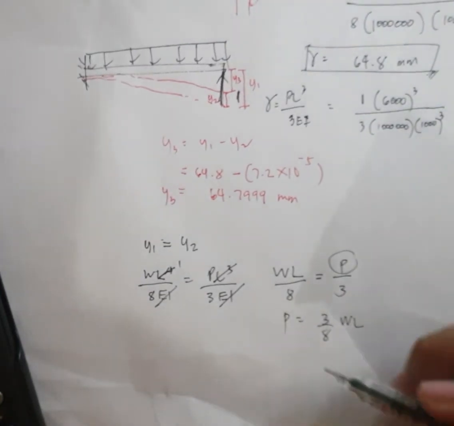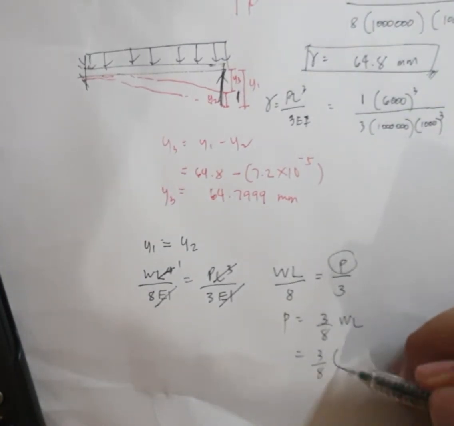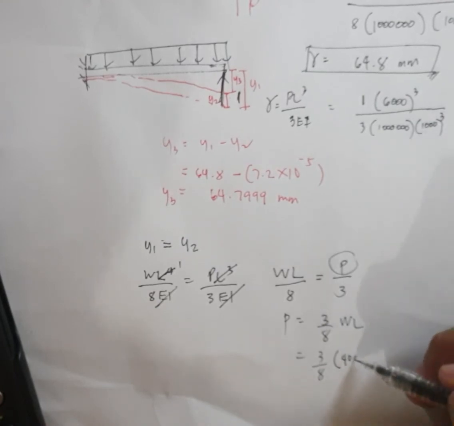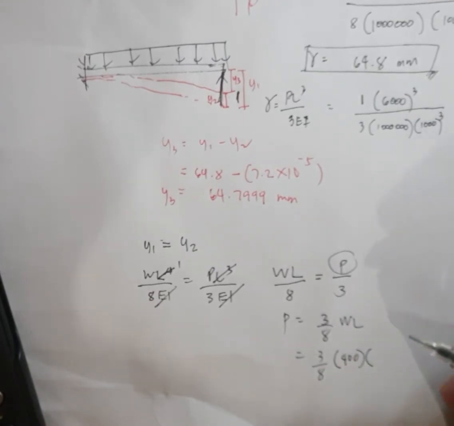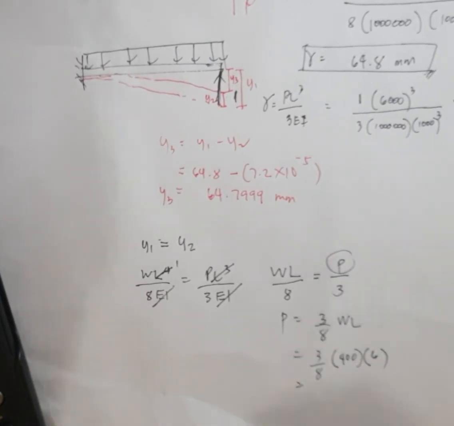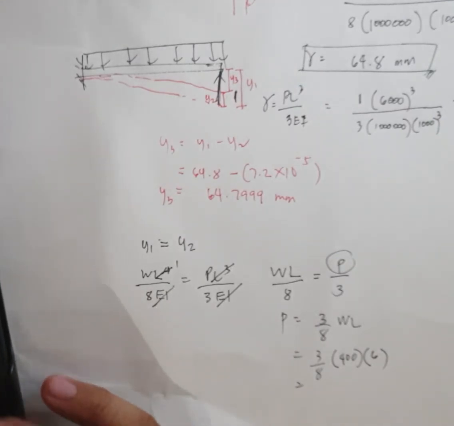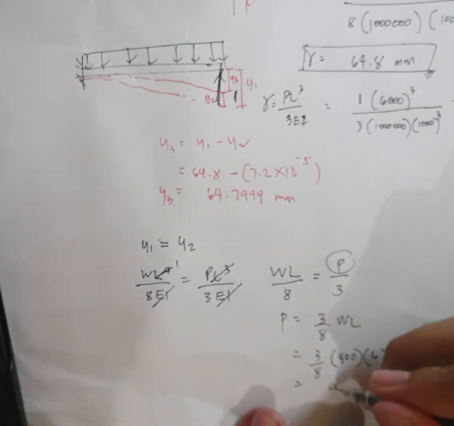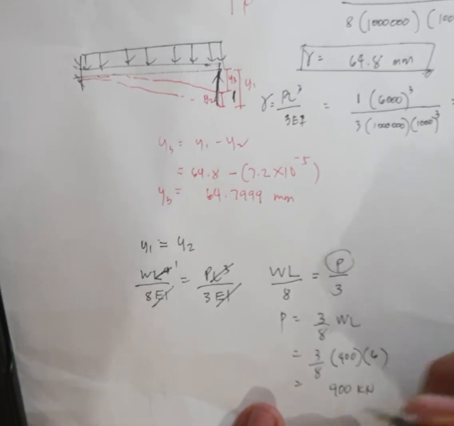Okay? So P is 3 over 8, 400 times L, 6 meters. So 3 over 8 times 400 times 6. So that is 900 kilonewton.